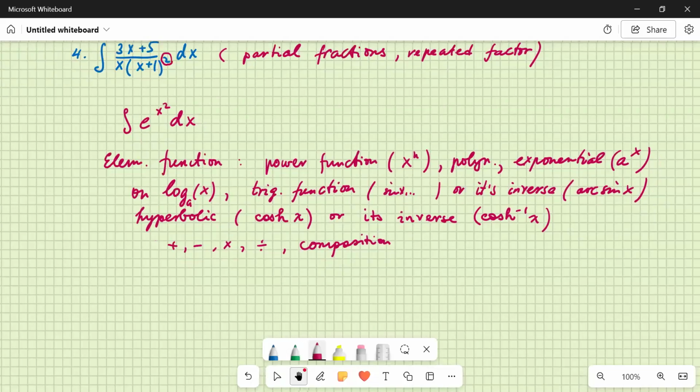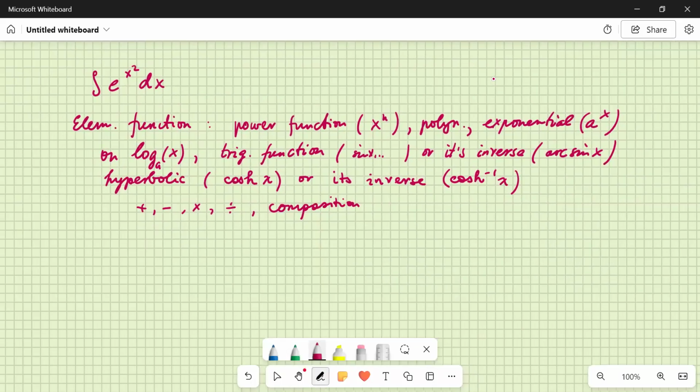I'm going to list over here the integrals for which we don't have the final formula. And you are going to be surprised how many of them there are and how simple they are. Well, first, e to the power of x squared dx. Second, e to the power of x divided by x. A very simple expression with an exponential function, and you cannot find an actual formula for this integral.